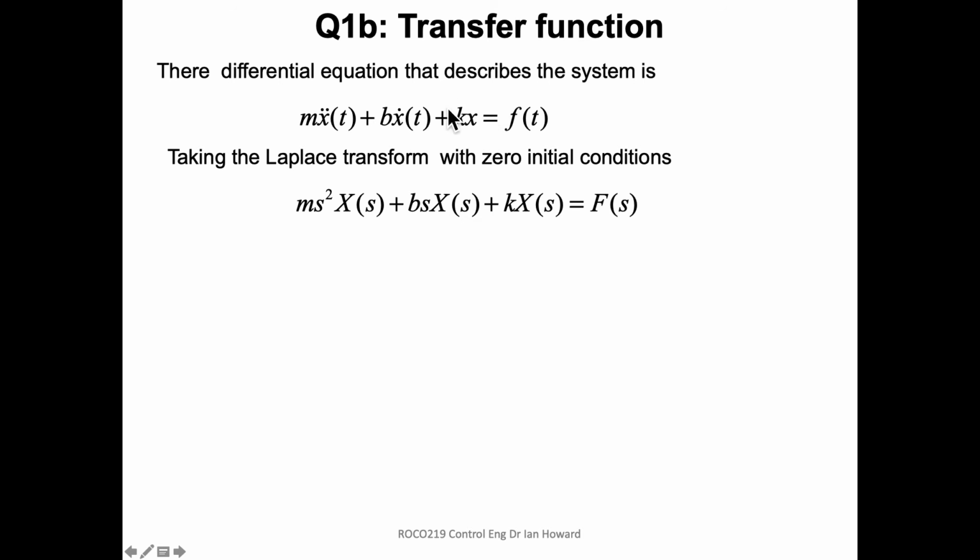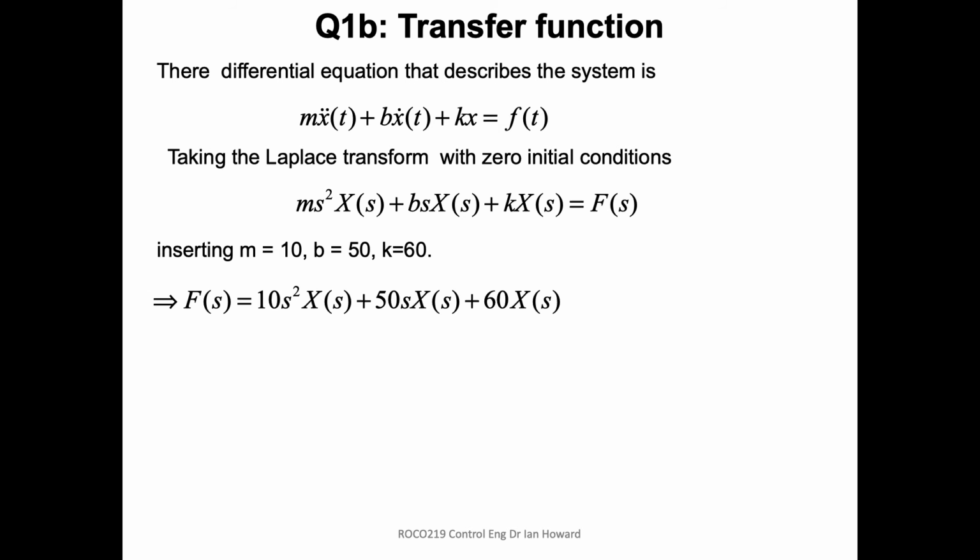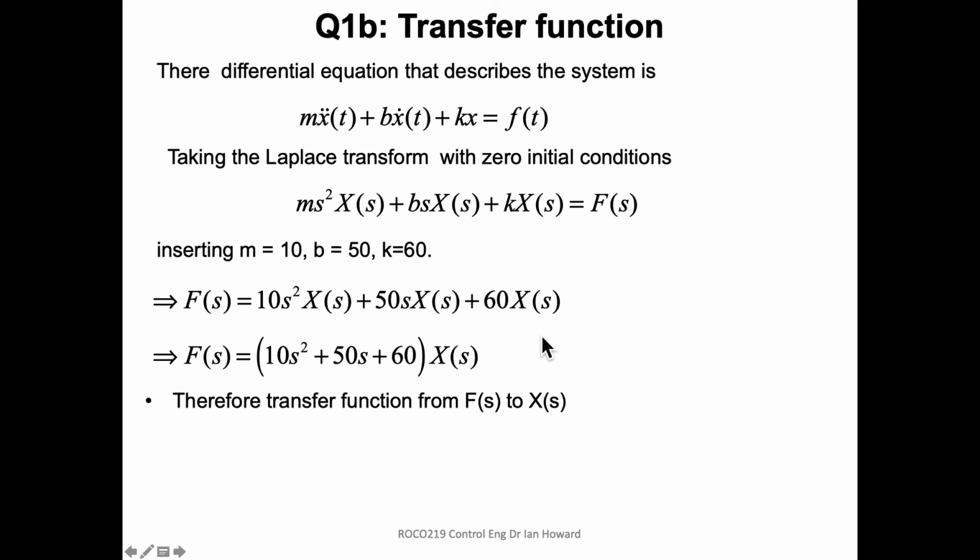And this has got no differential at all, so Kx goes to K X(s), and F(t) goes to F(s). If we stick in the values that we've been given for the mass, the damping factor and the spring constant, we end up with a nice numerical expression, and we can then factor out X(s). We just collect up all the X(s) terms and factorize them out.